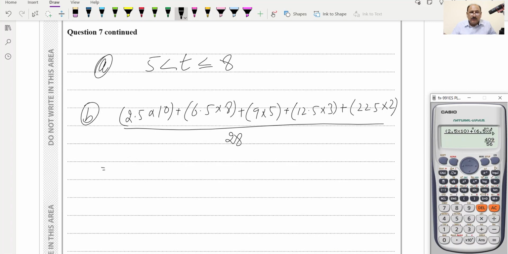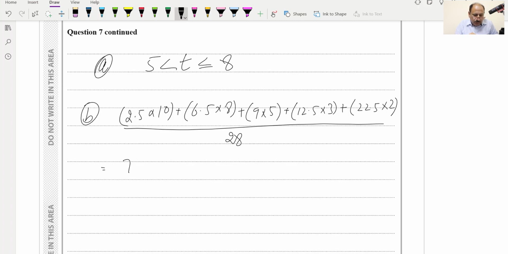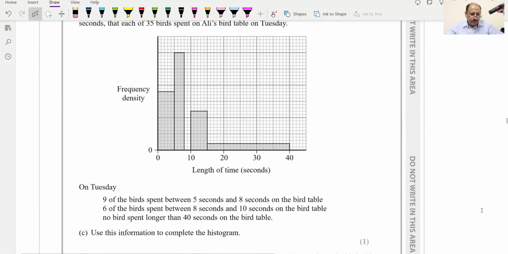It will give us 409 by 56. So 409 by 56, or the decimal value, will be 7.3. So we can write 7.3 and this will be the mean which we have calculated. This is B part which we have done.